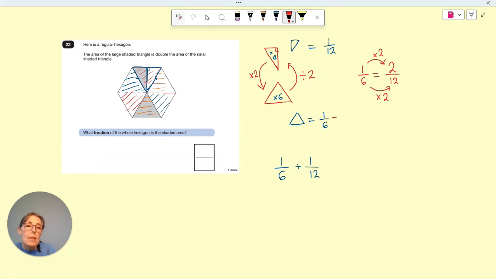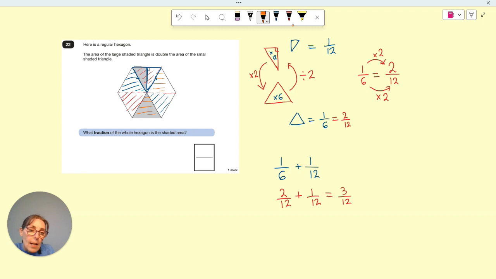So this is 2/12 of the shape. So I'm going to rewrite it. This is 2/12 plus the other one is 1/12, which is 3/12 of the whole shape. Now I know that 3's fit into 12. I know 3 is a factor of 12.